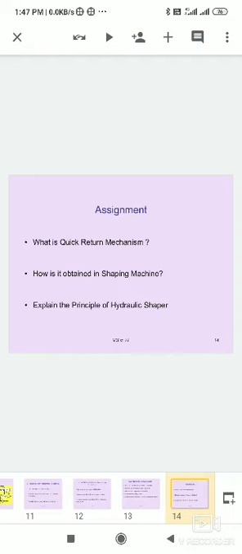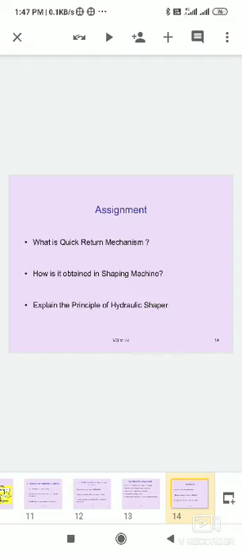Assignment. What is quick return mechanism? The Telangana board has asked this many times at different times, what is the quick return mechanism. It is very, very important for the board exam, and it is also asked as an essay question.